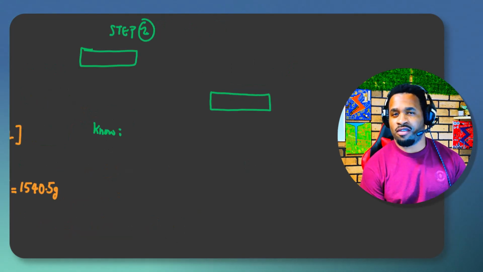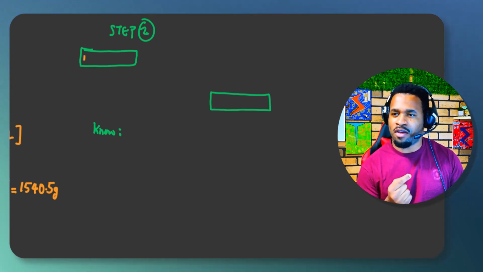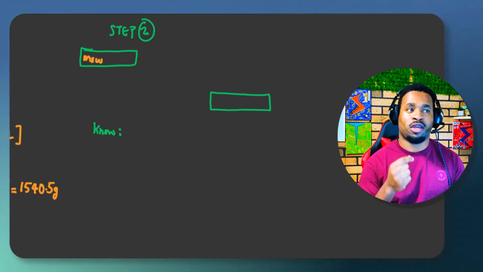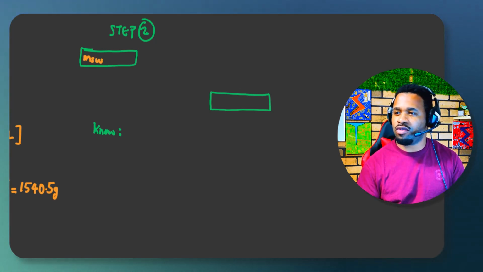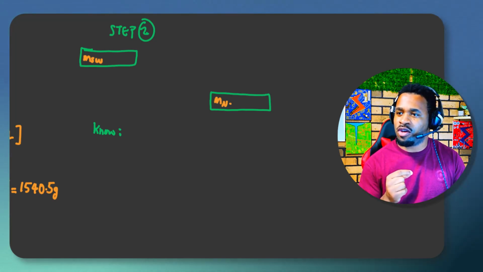For step 2, what we have to do is go from the mass of the seawater that we determined all the way to determining the mass of sodium in the seawater.